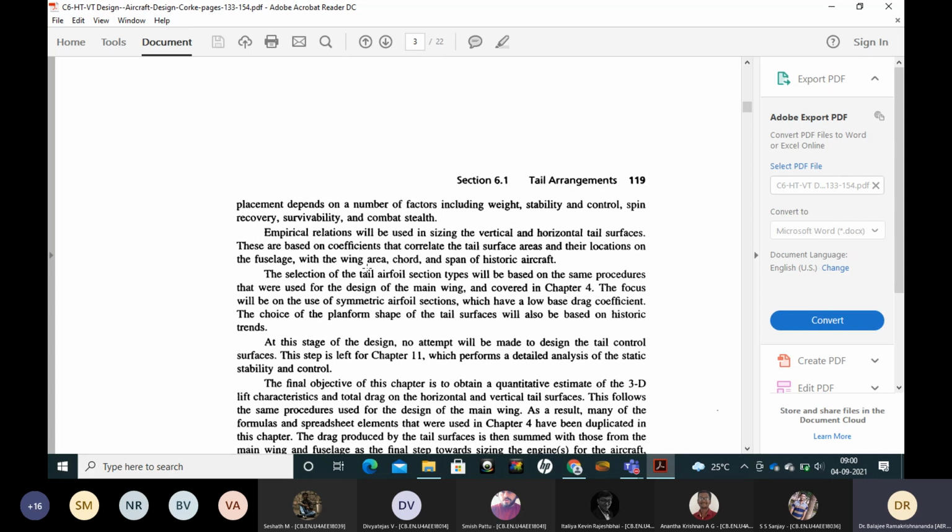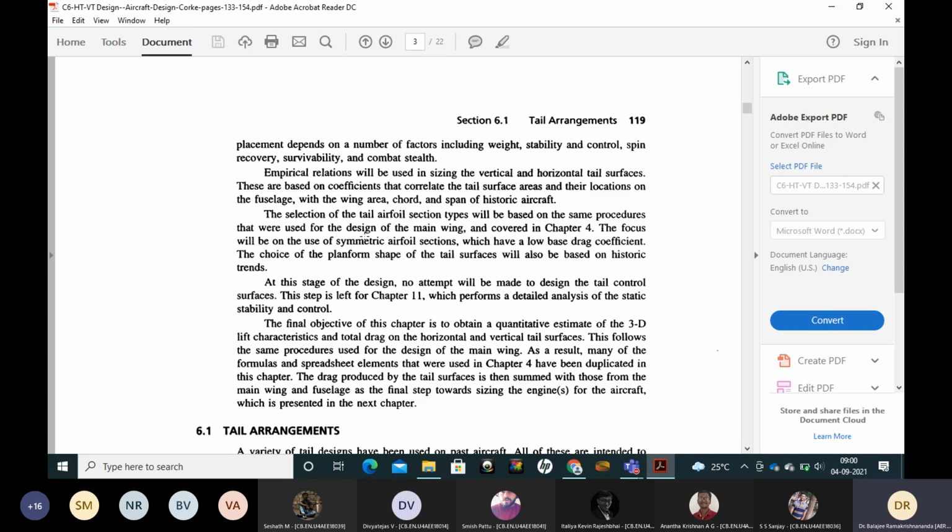Okay. So we'll use empirical relations because we don't have a better guide in choosing some values. These are based on coefficients that correlate the tail surface area and the locations on the fuselage with the wing area, chord and span of historic aircraft. Historically, they have some data, and based on that, they have chosen this.